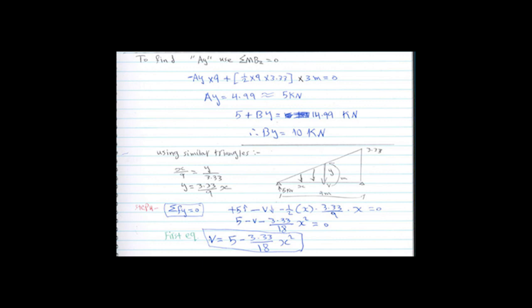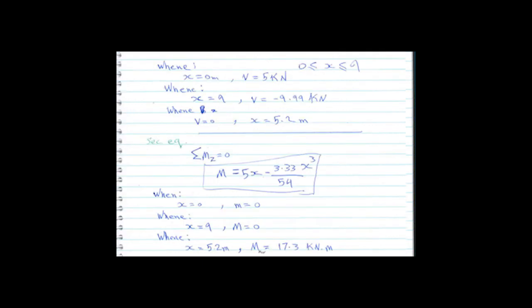And then I found the first equation, V equals 5 minus 3.33 over 18 x squared. When x equals 0, V equals 5 kilonewton. When x equals 9, V equals minus 10 kilonewton. And when V equals 0, x equals 5.2 meters.